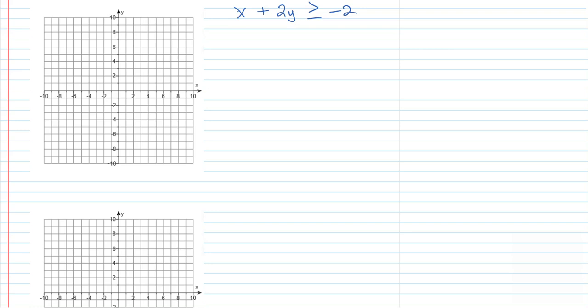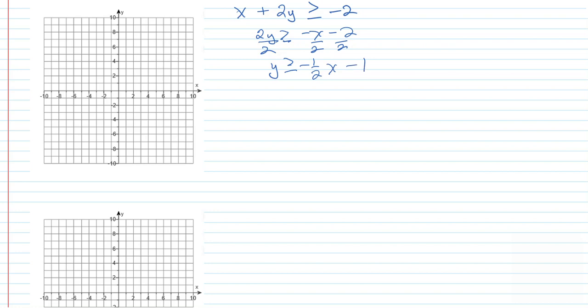Might want it in y equals mx plus b. So I'm going to have 2y is greater than or equal to -x minus 2. I'm going to divide every term by 2. y is greater than or equal to -1/2 x minus 1.